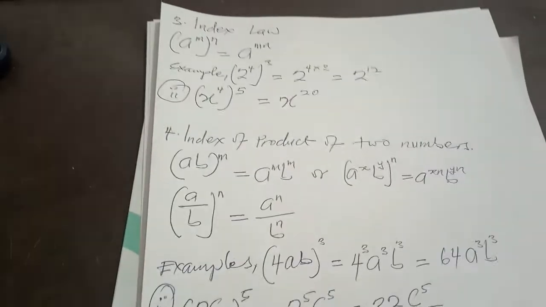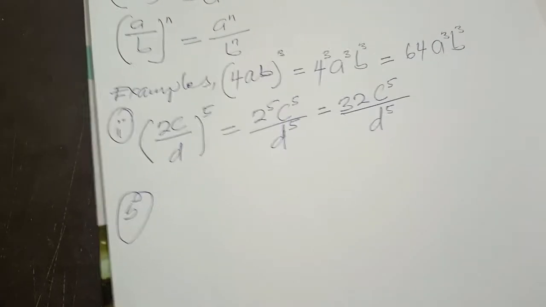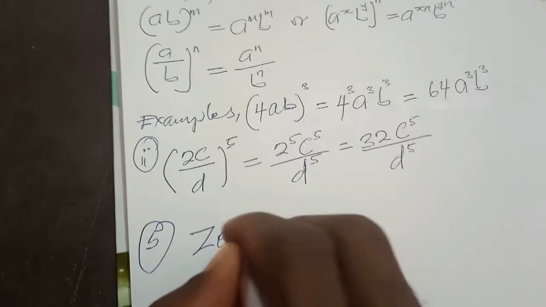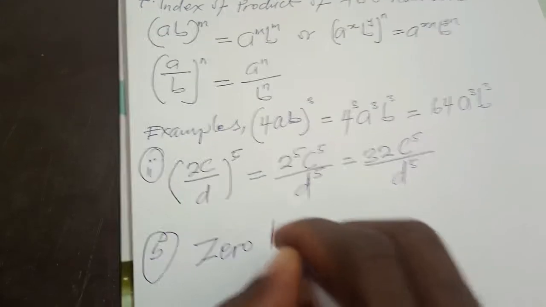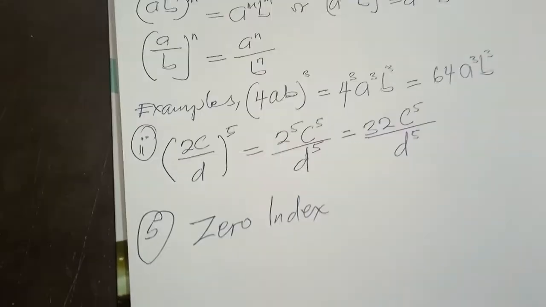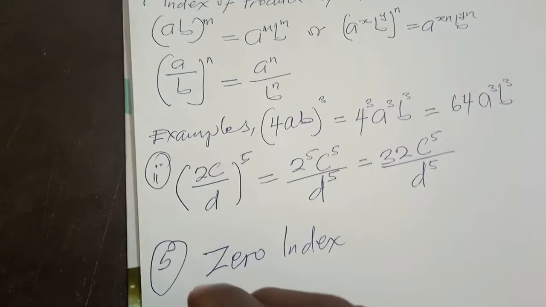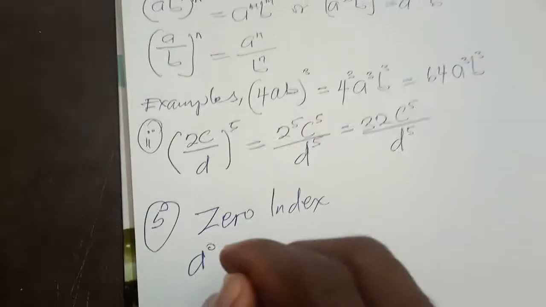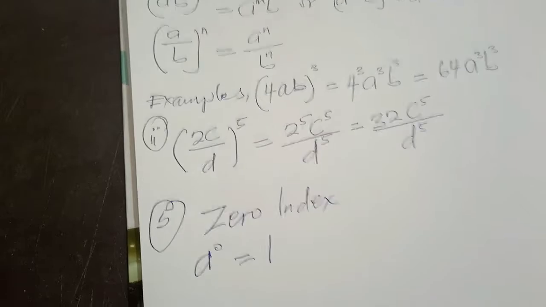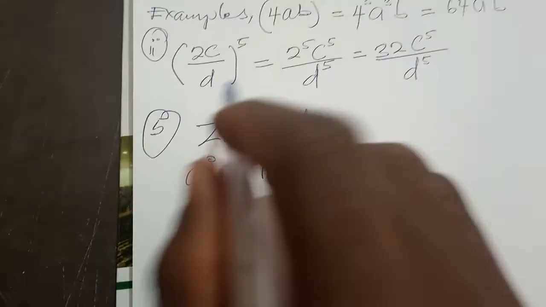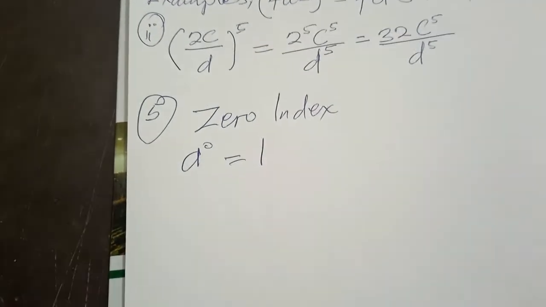Let's go to the fifth one. The fifth one I know is something most of us will know already. That is zero index. It says that a exponent 0 equals 1. And that one is simple, like I said earlier. Most of us know this already. Any number to the power 0 is 1.